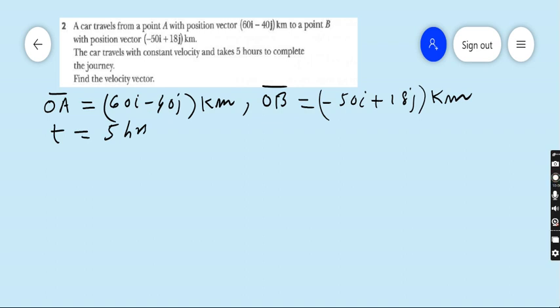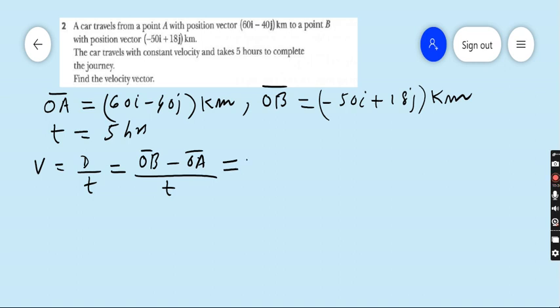Very easy. We know that the formula of velocity is displacement upon time. How to find the displacement? Just subtract OB minus OA, because in order to find the displacement vector we need the final vector minus the initial vector, so we get the total displacement.